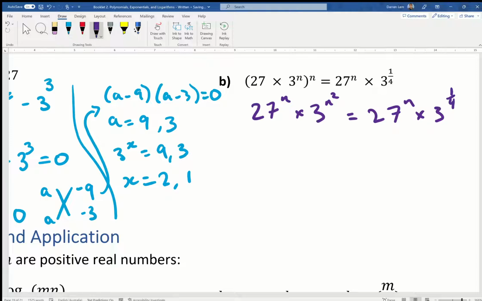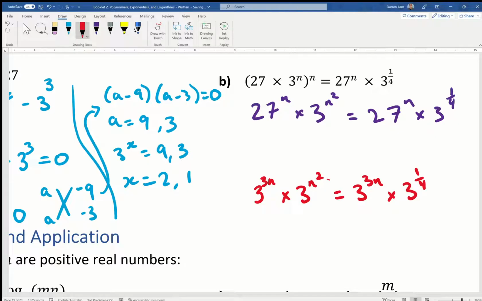Now, I'm going to show you the dumber long way I did this for some reason, and then I'll show you the easier way to do it. The longer way I'm doing it here is I'm just going to write 27 to the power of n as 3 to the power of 3 to the power of n, or 3 to the power of 3n, times 3 to the power of n squared equals 3 to the power of 3n times 3 to the power of 1 quarter.